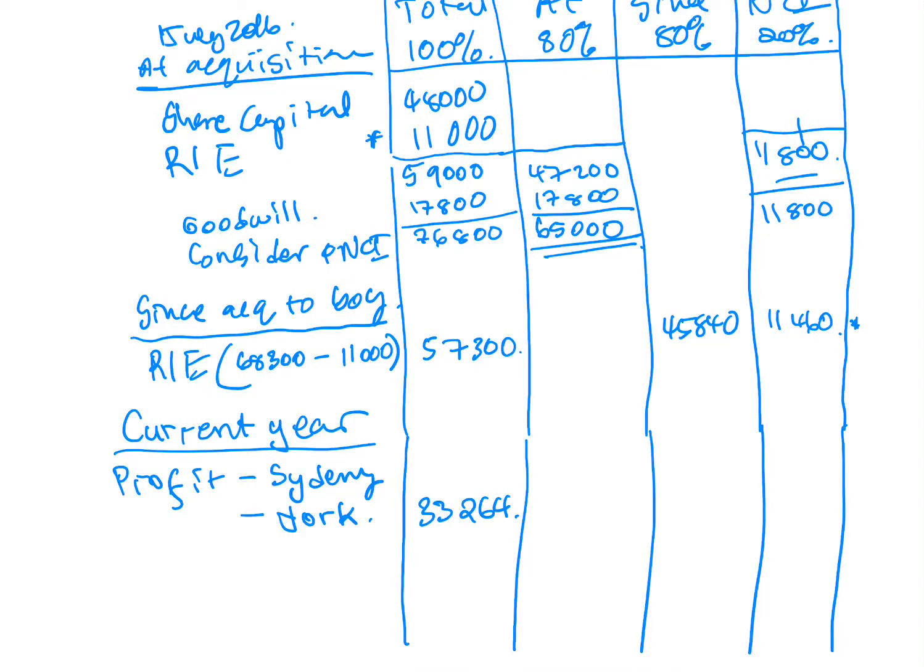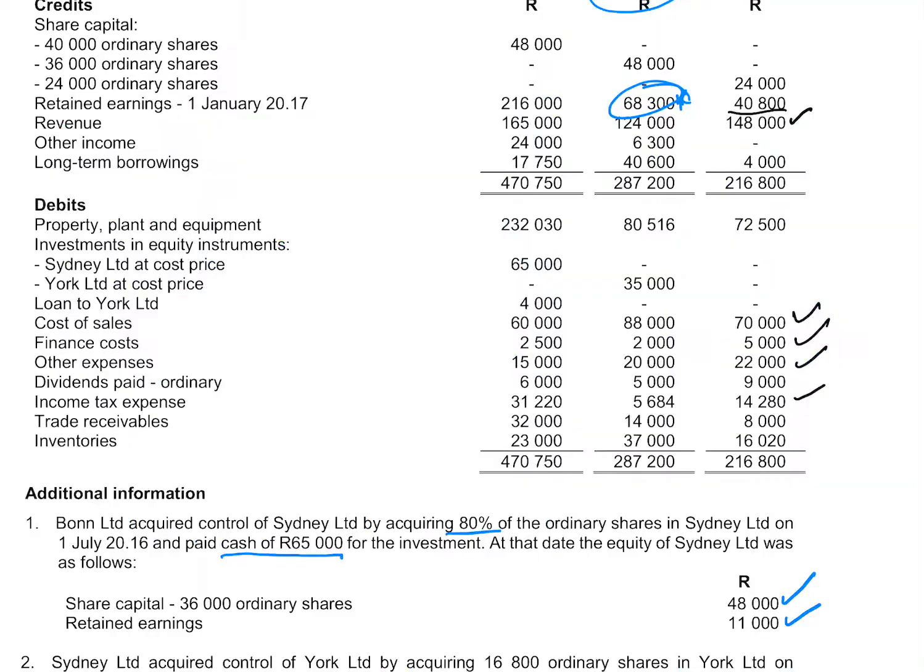Then I come to Sydney. How much is the amount? Sydney, the profit, you do the same, 124,000. You come and you add other income of 6.3. You come and you subtract cost of sales 88, finance cost 20,000, other expenses 2,000 minus 20, minus tax of 5,684.